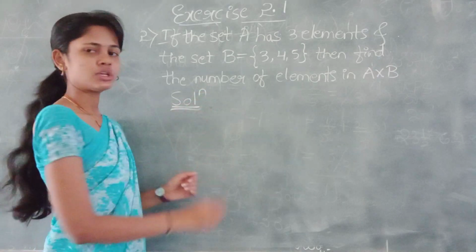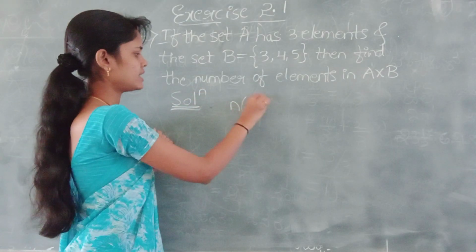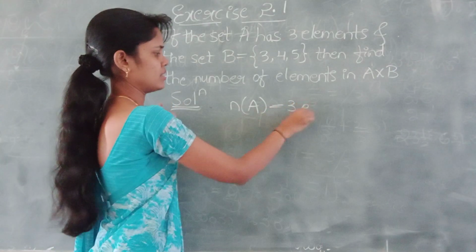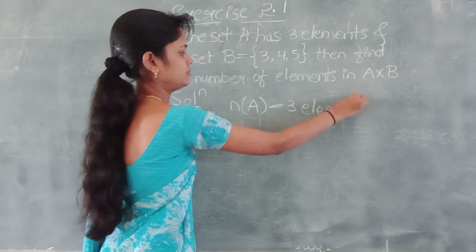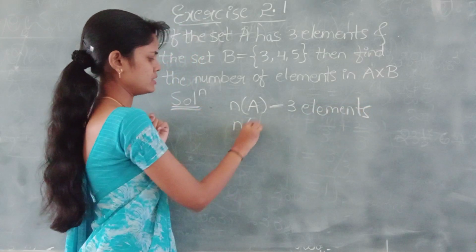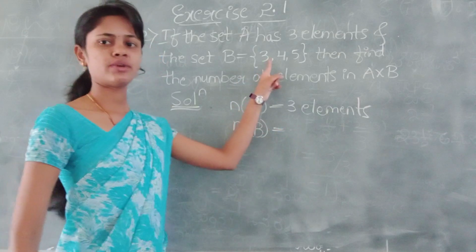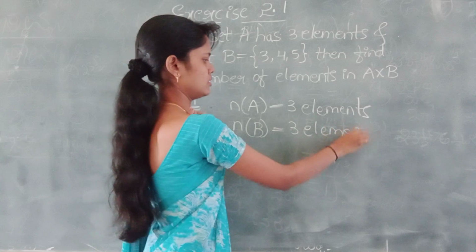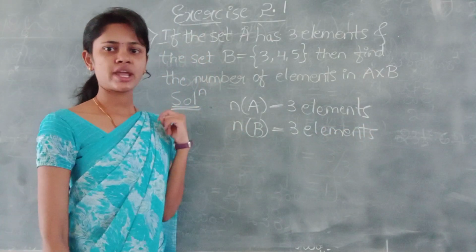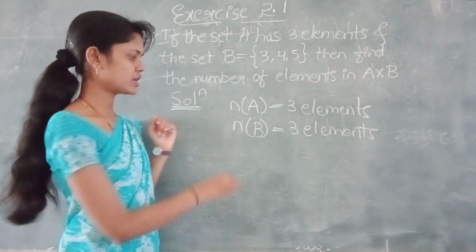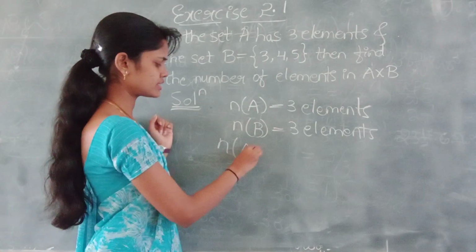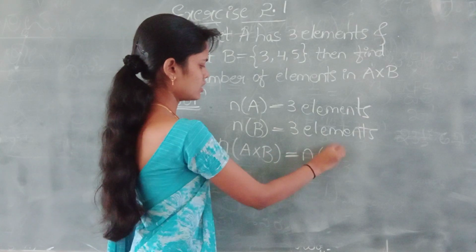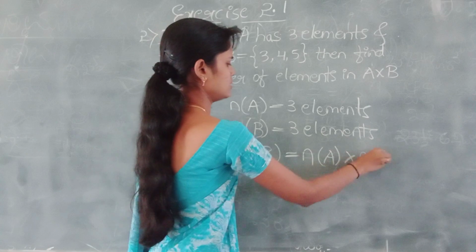So how can we write it? The solution: you know that n(A), the number of elements in set A, is 3. And n(B) is also given as 3. Then what we want is the number of elements in A cross B. So n(A × B) can be written as n(A) × n(B).